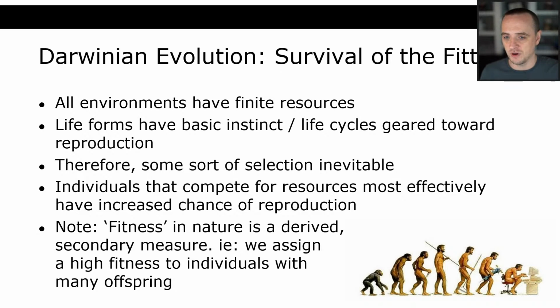Because if you reproduce the most, there will eventually be more of you than someone else. So if there was some lion out there that could juggle 10 balls at once, it doesn't really matter, because the ones that reproduced are the ones that are more fit.